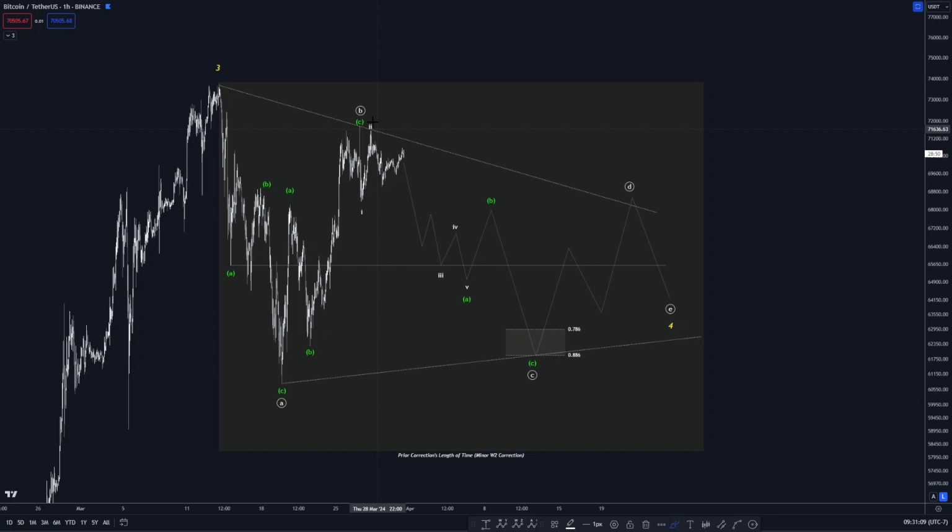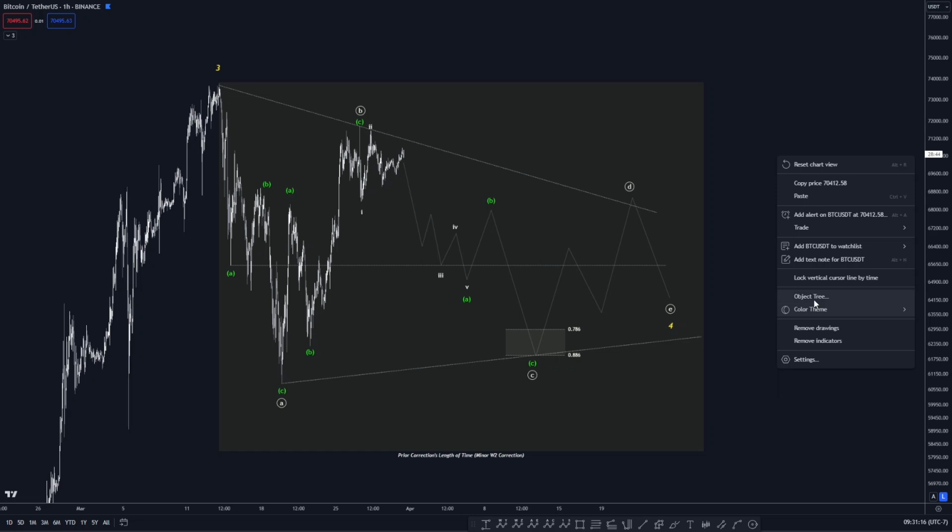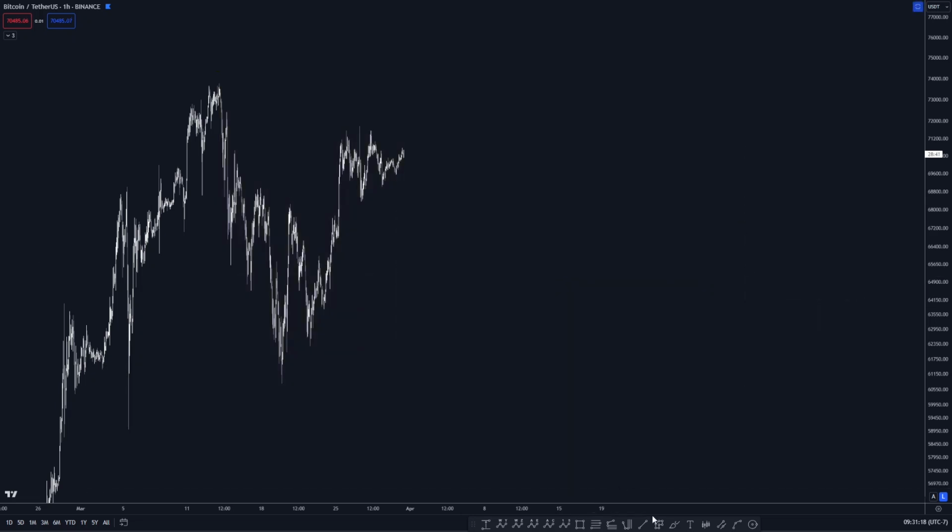If we fail to take this high, we start to come down, this is probably more likely. If we take out this high, now we basically are following two counts.